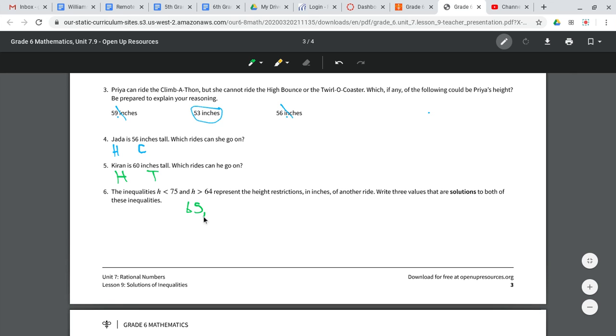We could be 70. Sorry, guys, I know this is taking a while to write. And we could be 74. All of these values would work. Honestly, we can pick any value between 65, including 65, all the way up to 74, including that 74. So any number between 65 and 74 would be a possible solution to this inequality right here.